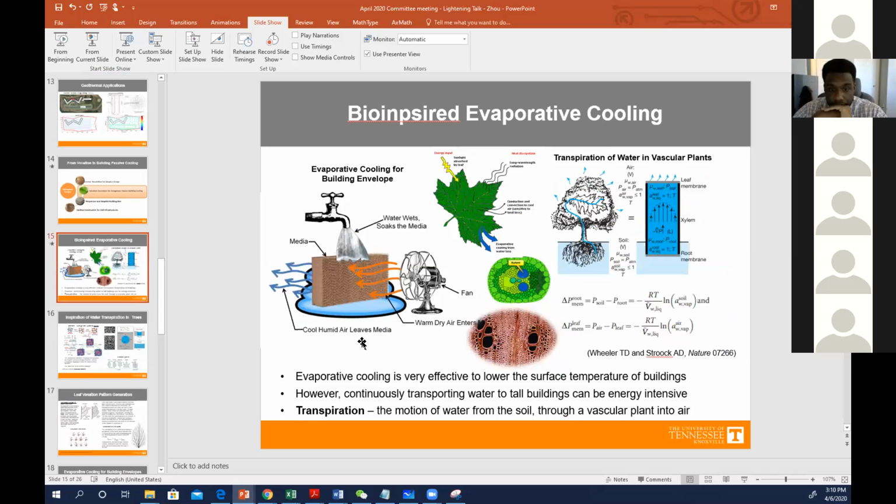And the cooling project that we're currently working on, we are doing anything from the geometry to material, but there has been a paper published in Nature, I think fairly recently, in 2018, that discussed the fundamental mechanism of how transpiration was able to transport water from ground level to a very high altitude for some plant species.